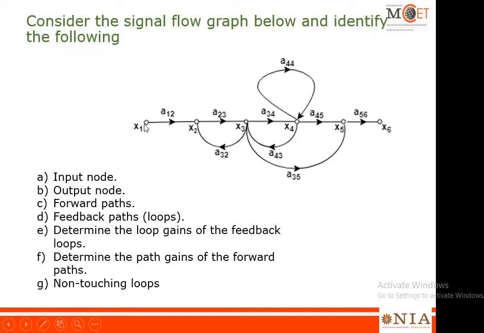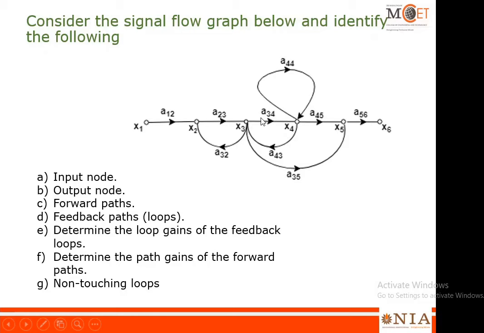You cannot take a path like this as a forward path, because when you do that, this node will be covered two times. A node should be covered only once. Skipping a node is not a problem, but the node should be covered only once. So coming like this, going like this, coming back and going out will not be considered a forward path.